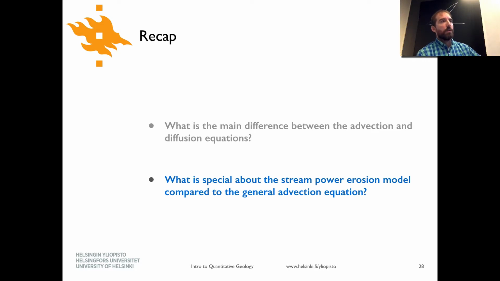So when you go along a river channel, you'll have things like the slope that will change along the channel, the discharge, and potentially the erodibility. I don't think we look at changing that in the exercise this week, but we could. There's nothing that would prevent us from doing that. And you'll have the code, so if you want to play with changing the erodibility along the length of the channel, you can do that yourselves.